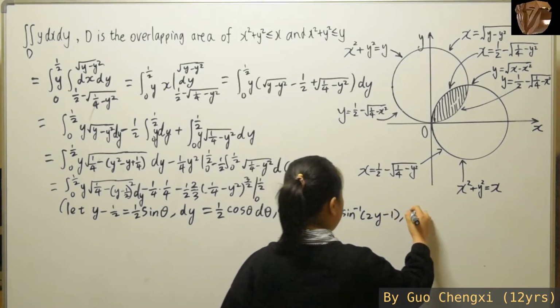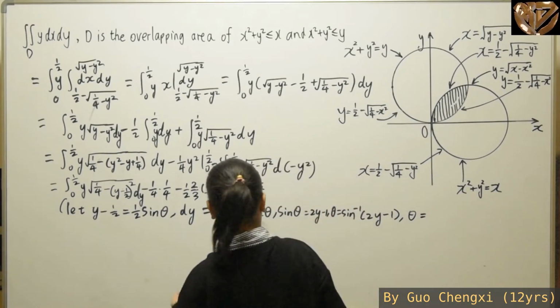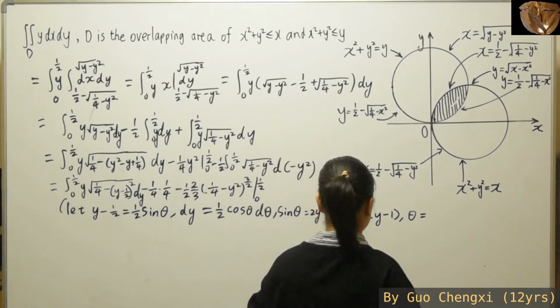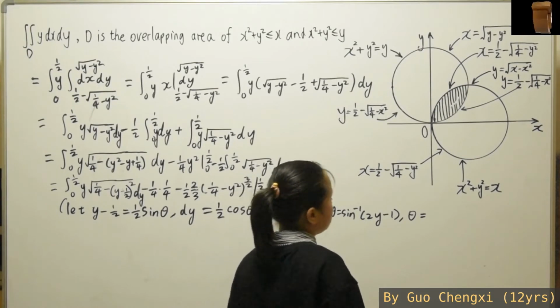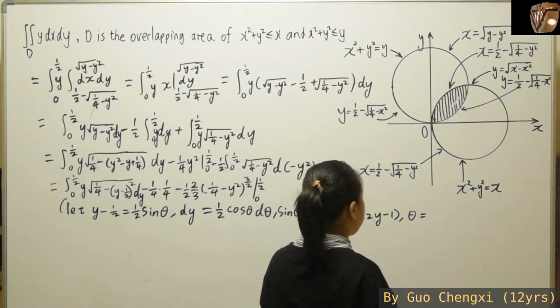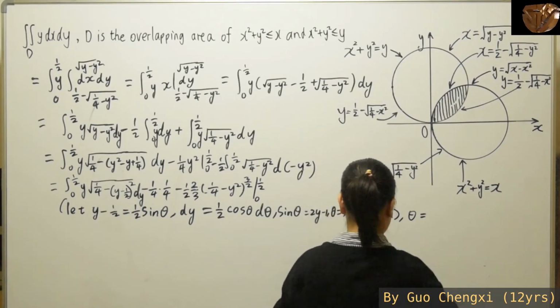Then the boundary for theta will be equal to... if y is equal to 0, what you're going to get here is inverse sine negative 1. Inverse sine 1 is basically pi over 2, and inverse sine negative 1 is basically negative pi over 2.